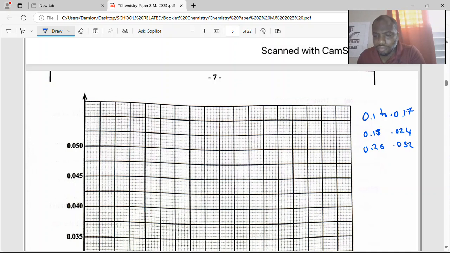And the next one is 0.25, and it's 0.040. And the next one is 0.30, and it's 0.048.